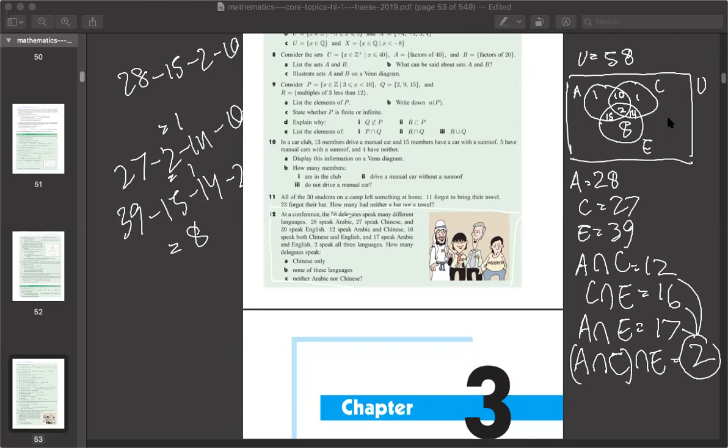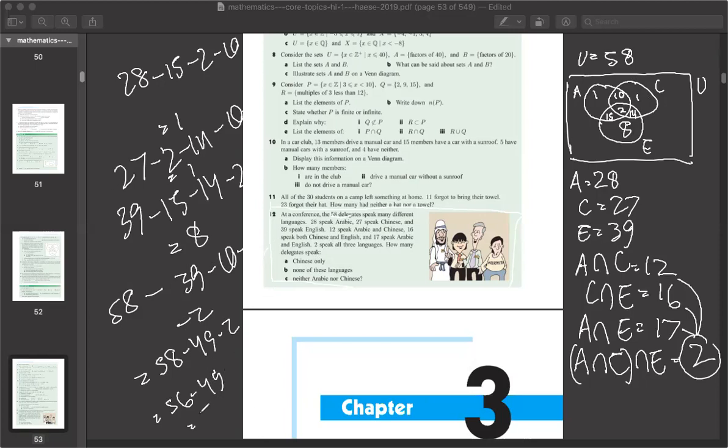And then you also need to find the ones outside of this. That would be 58 minus all these numbers. Or you can just do 58 minus 39 minus 10 minus 2 minus 2. That equates to 58 minus 49 minus 2, 56 minus 49.